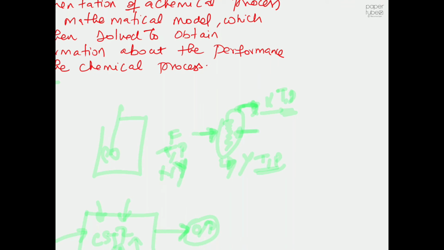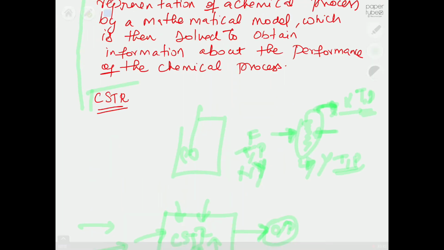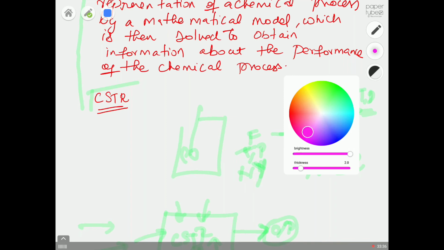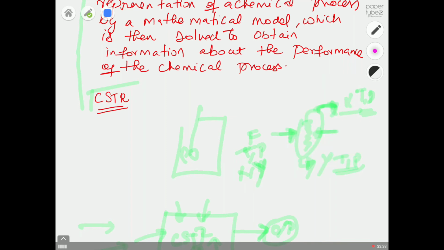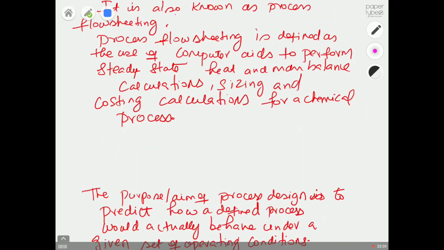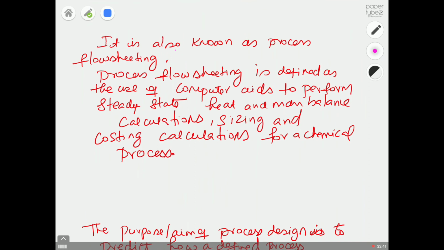And if we want, I think I can change the highlighter to a normal pen. Let's take the pink color. Sometimes this process modeling is also known as process flow sheeting. So process flow sheeting is what we are going to do.